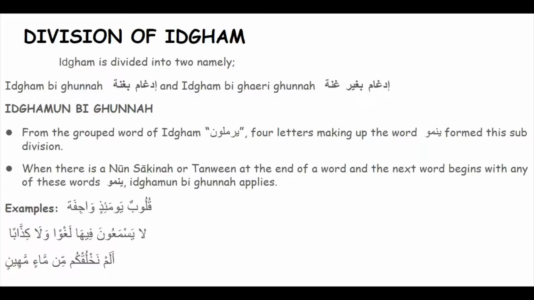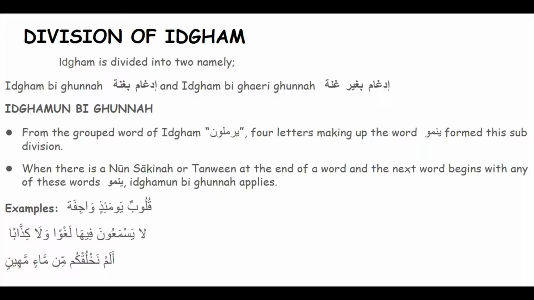It is not totally complete, and that is why it is called idgham naqis. So there is no total insertion. There is still a remnant of nun, not totally inserted into the coming letter.